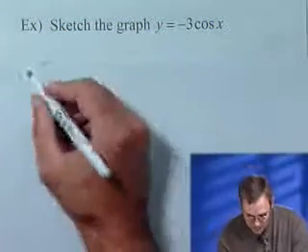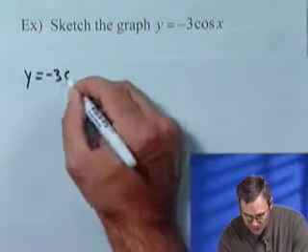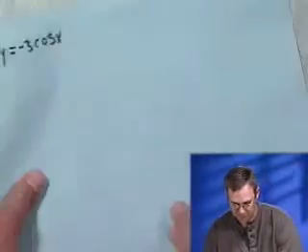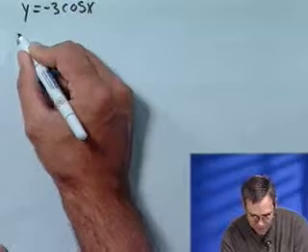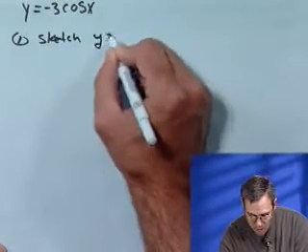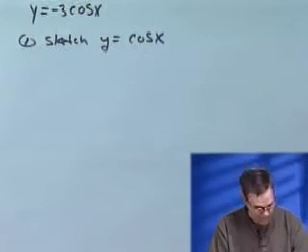Okay? So let me go ahead and get a new piece of paper. Y equals negative 3 cosine x. Let's take a look at that curve. Well, the first thing I'm going to do is sketch y equals cosine x. Okay?